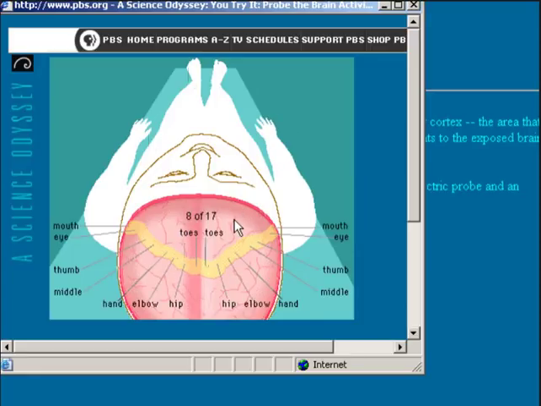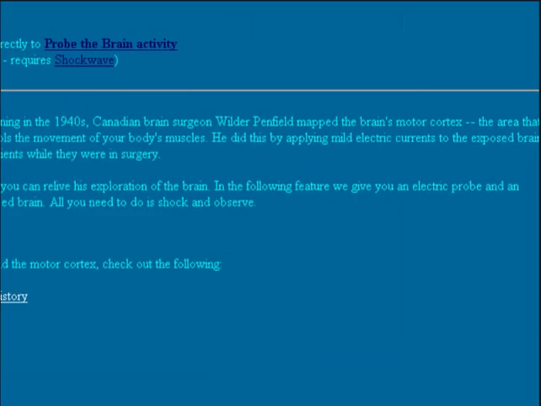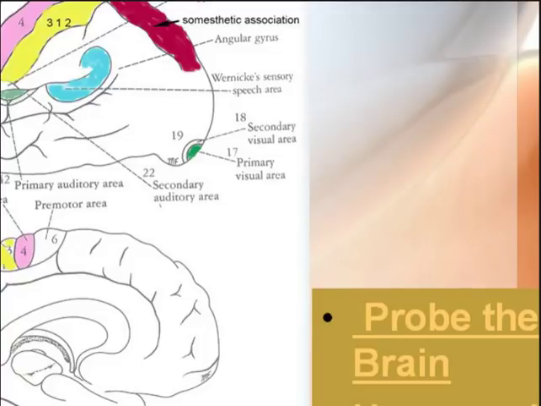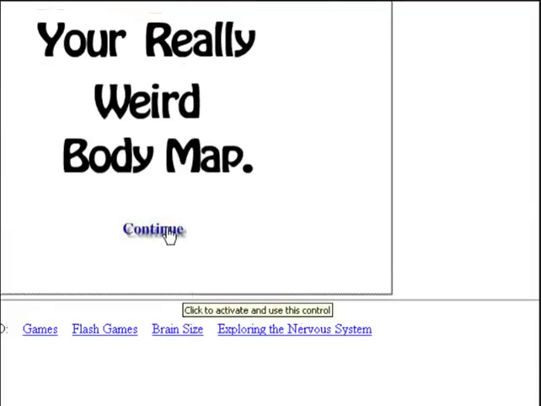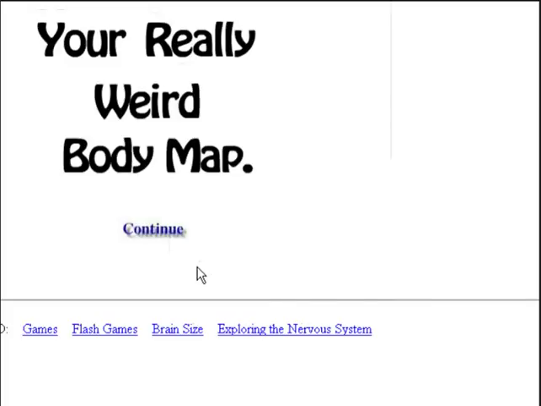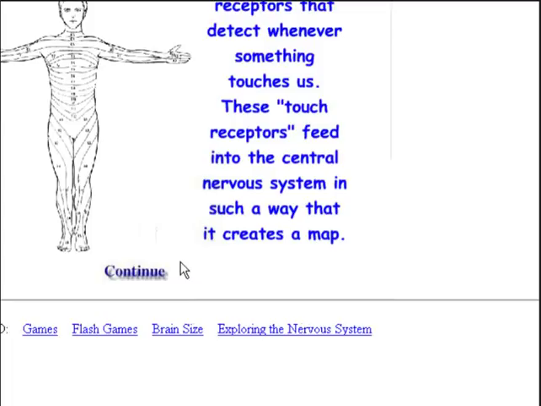And let's go back to our slideshow, and I also want to show you the homunculus. Just so that you can read it here.